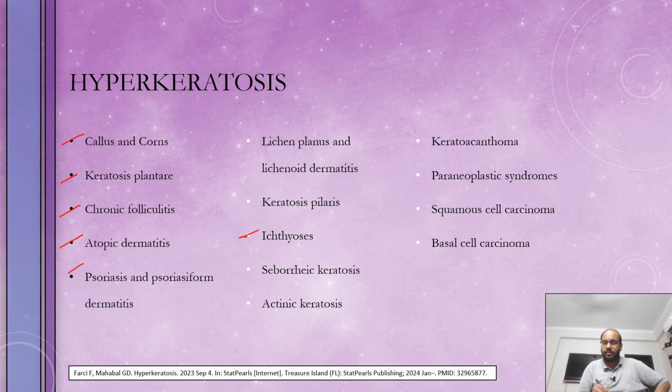Disorders like ichthyosis because of retention hyperkeratosis, you have actinic keratosis, and squamous cell carcinoma because the maturation is not proper, in basal cell carcinoma because maturation is not there, and we can see BCC is usually thicker. Okay, so these are all the disorders which you should keep in mind when you see hyperkeratosis on a skin biopsy.